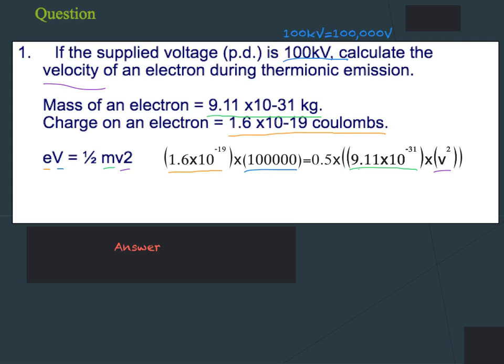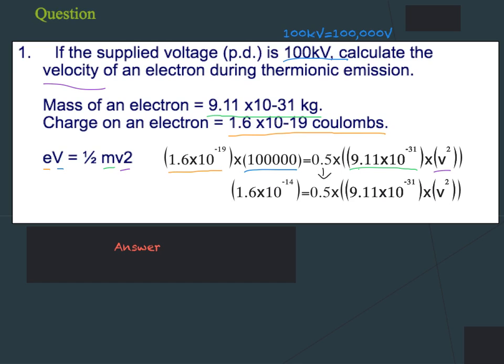Straight away, we can work out the left-hand side of this equation, where we will do 1.6 times 10 to the minus 19 times 100,000, which will give us 1.6 times 10 to the minus 14.